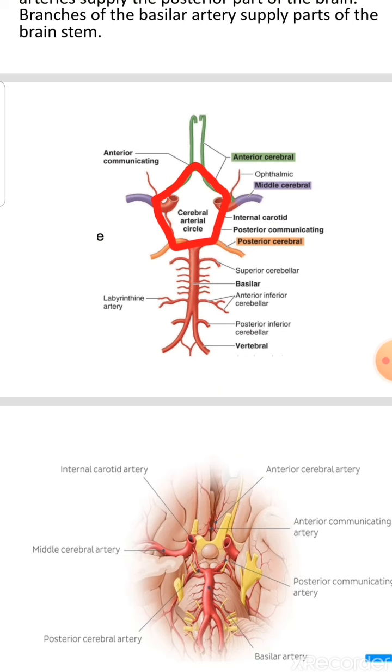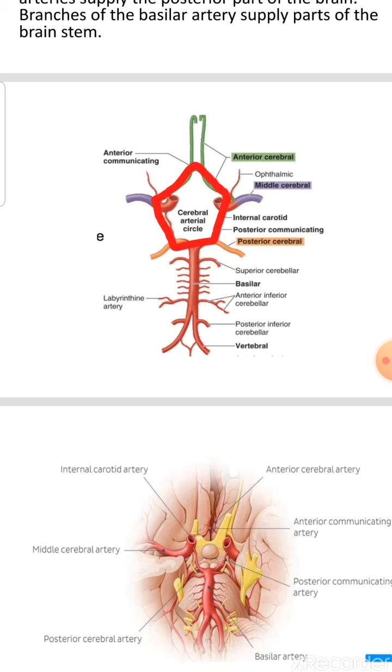The important branches of the basilar artery that take part in the circulus arteriosus are its terminating branches, named the posterior cerebral arteries, which are highlighted in orange. Okay, so this is the posterior source of the blood supply to the brain, and I would like to repeat it.